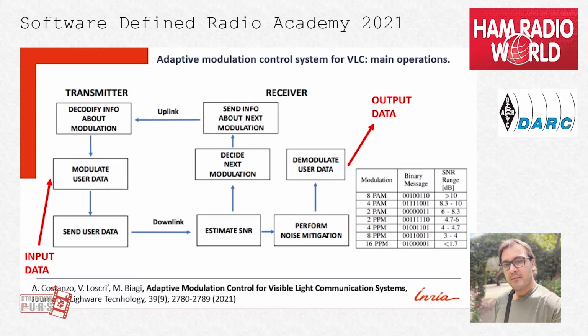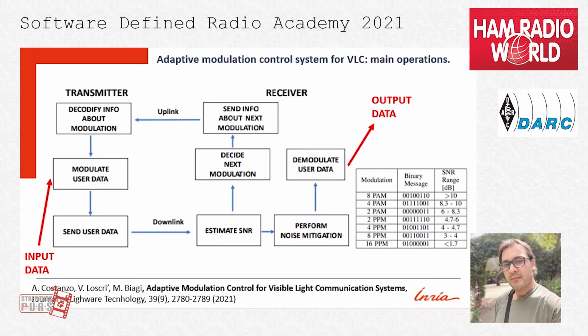If we look at the table on the right, we see how, based on a threshold mechanism, if the signal to noise ratio improves, so we have a channel without a lot of noise, we can use faster modulation, like the 8 PAM or the 4 PAM. While when the signal to noise ratio is poor, we move to more robust modulation, like 8 PPM or 16 PPM.